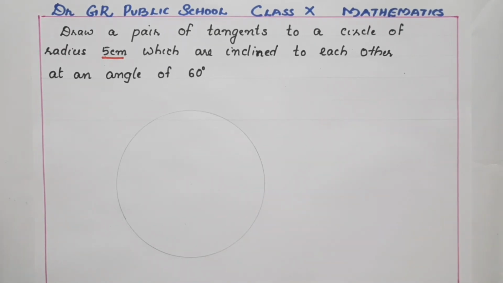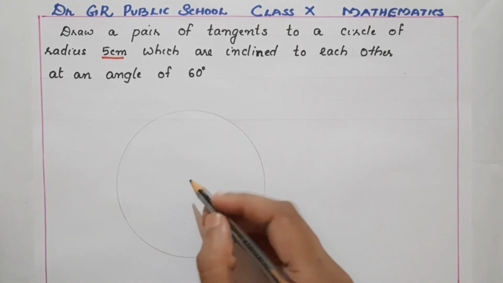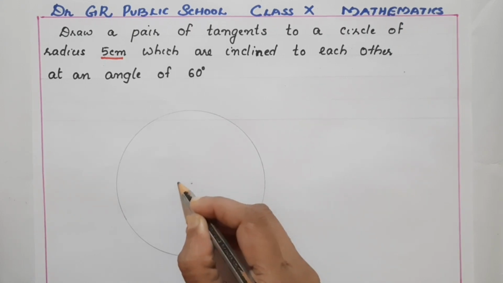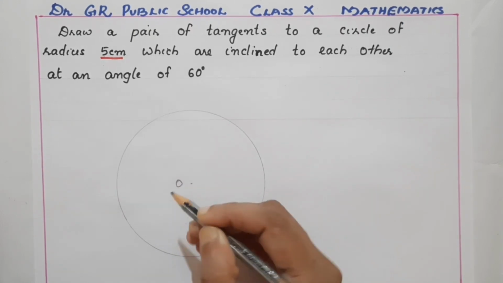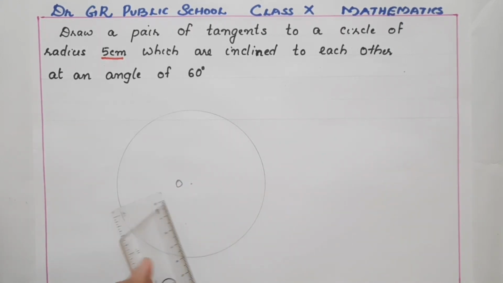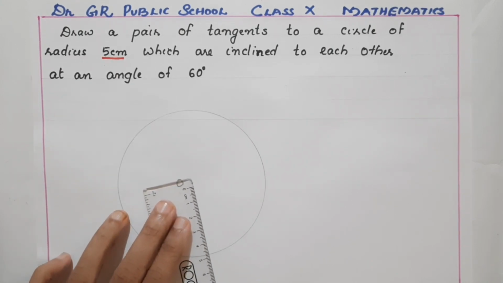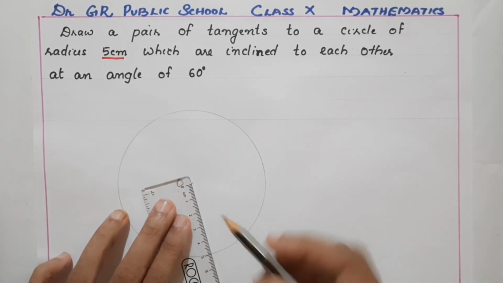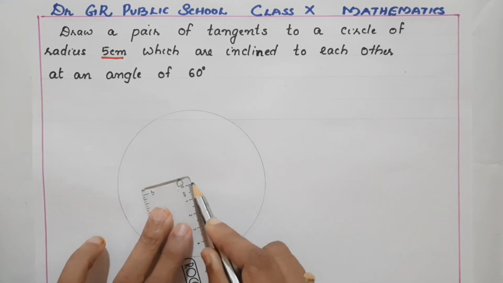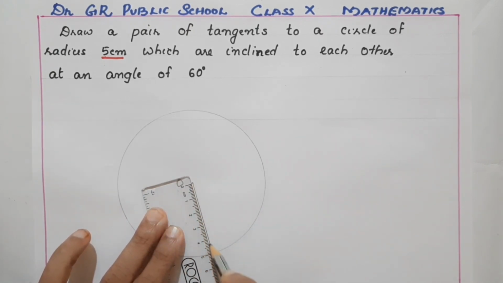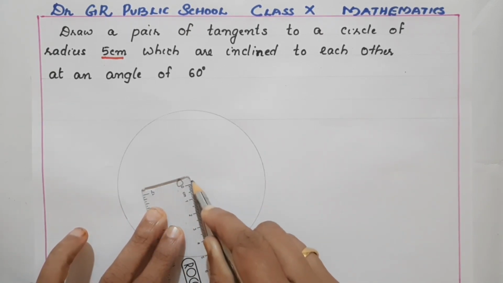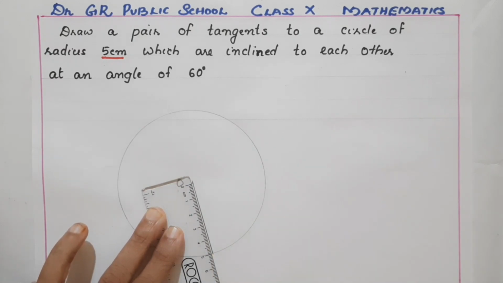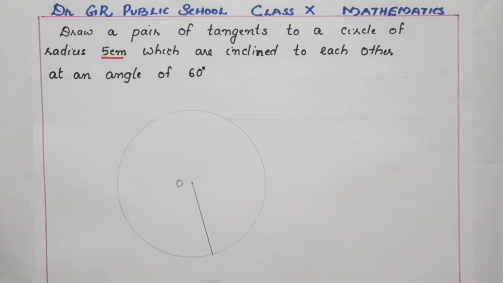So first let me draw one radius. This is O, the center is O. Now I am drawing the radius like this. Okay, so it is OB.